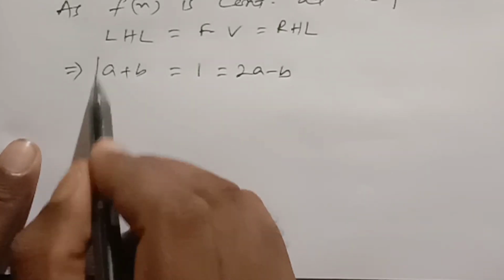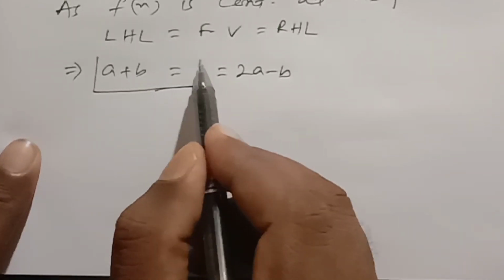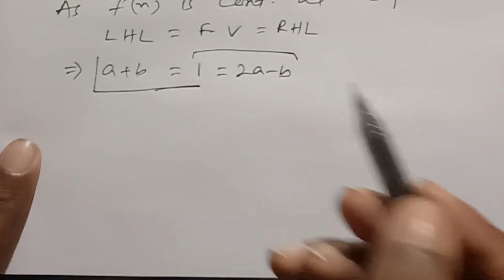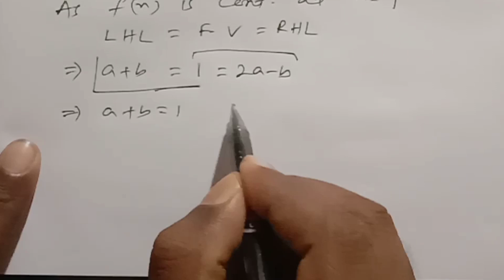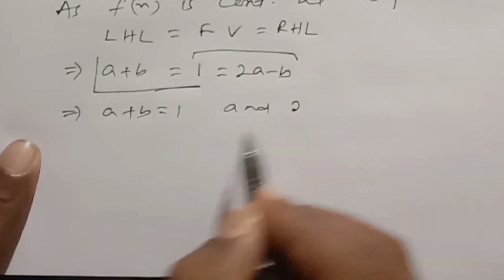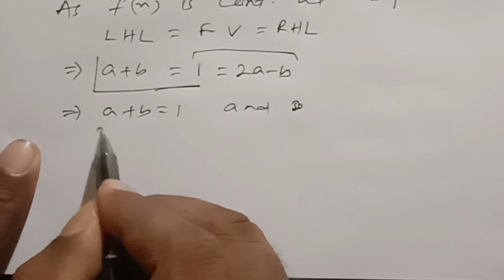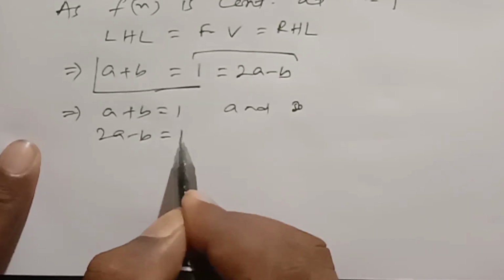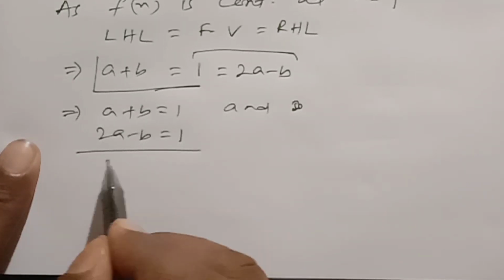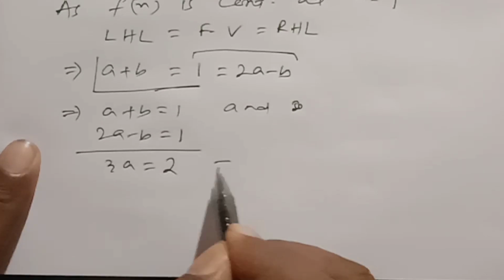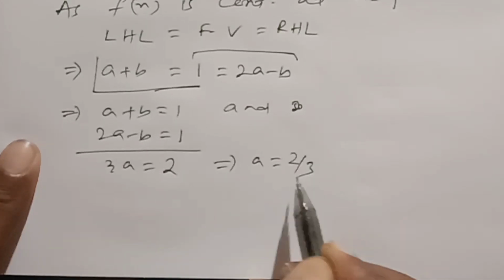Now इसको इसके साथ इक्वल कर देंगे और इसको इसके साथ इक्वल कर देंगे, a b निकल जाएगा. That means which implies a plus b is equal to 1 and also 2a minus b is equal to 1, which implies हमको क्या मिला 3a is equal to 2, implies a is equal to 2/3.